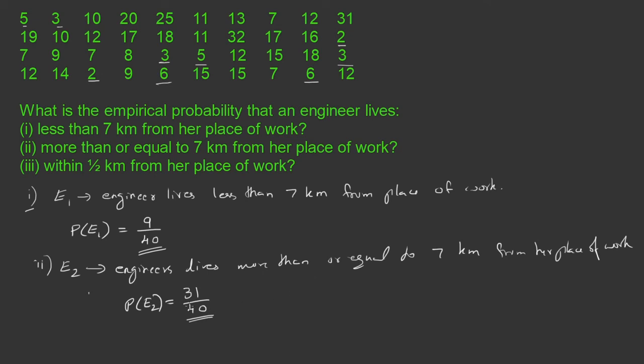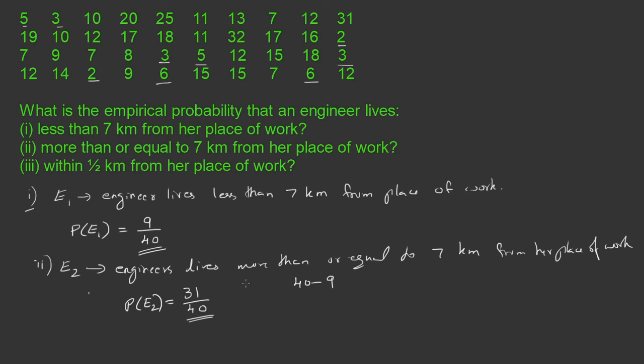Another method to find this 31 is by just subtracting 40 minus 9, where 40 is the total number of engineers and 9 is the number of engineers who live less than 7 km from place of work. Why?